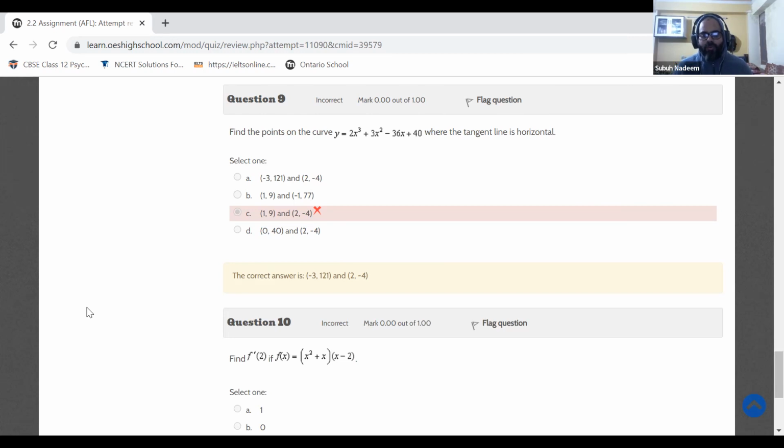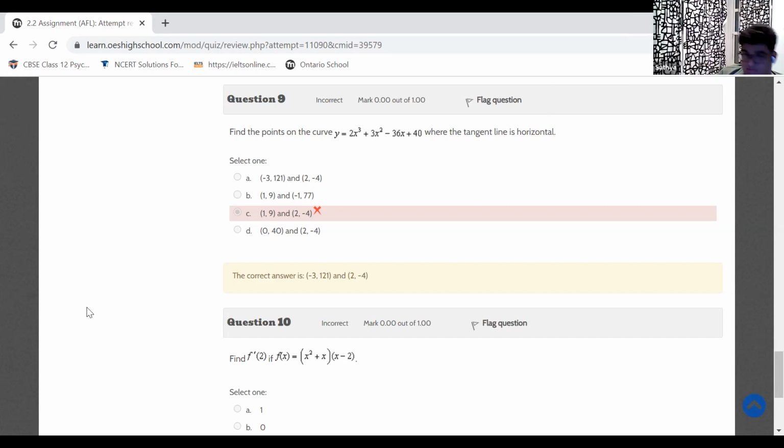So slope is 0. Got it? Yes, sir. If a line is horizontal, parallel to the x-axis, then its slope is 0. Now you differentiate the y which is given, and after differentiating it, equate it to its slope, that is 0. Getting my point?